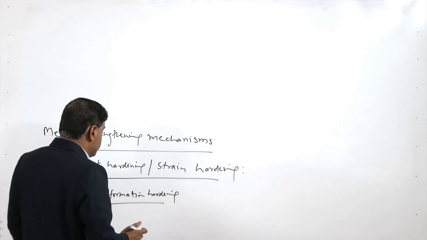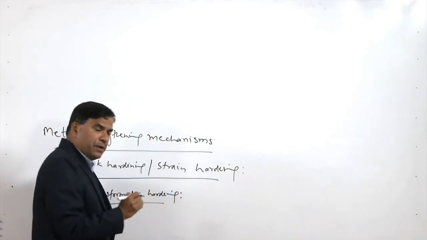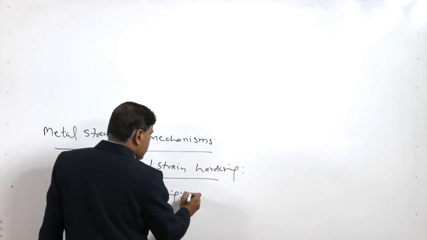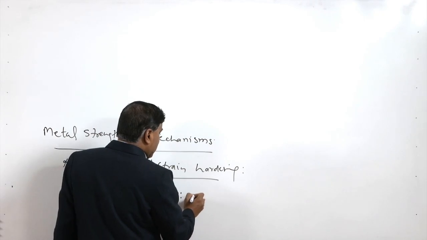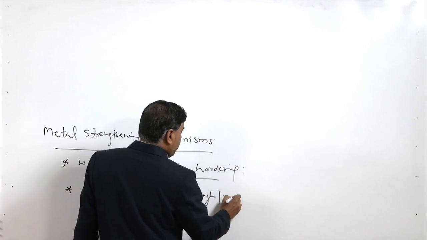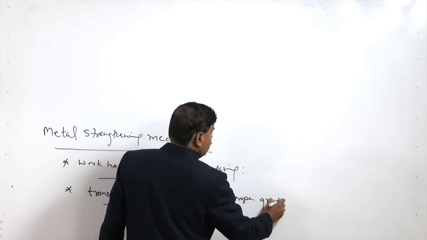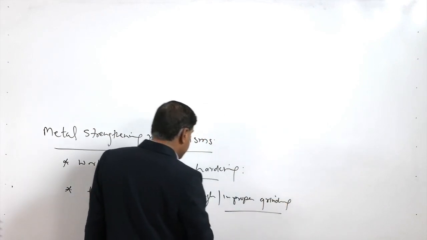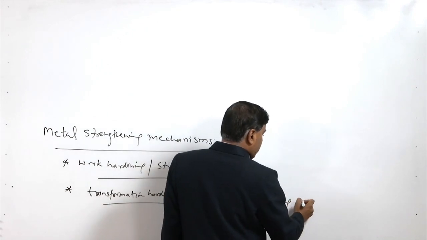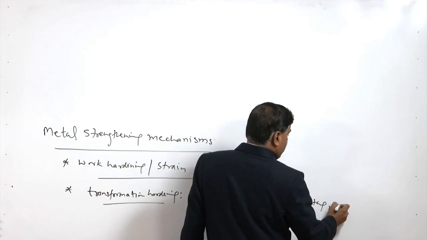In the transformation hardening processes, if excessive heat is generated during the machining, then also it can lead to hardening, like rough or improper grinding generating excessive heat, leading to the transformation hardening, forming the hard spots, or casting and welding.